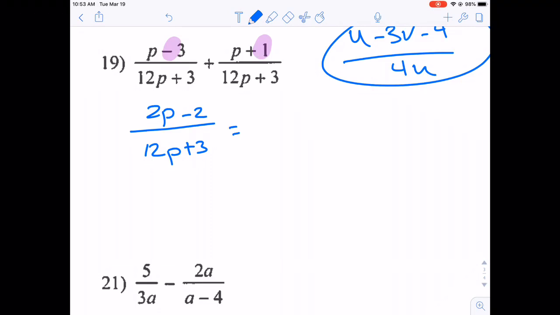So that we can factor that, I'm going to factor a 2 out of there, giving me p minus 1. In the denominator, I can factor a 3 out, giving me 4p plus 1. And I factored that to see if I could cancel anything, but we actually can't. I thought I might be able to, but really nothing does cancel here. So we'll just leave it at that step.